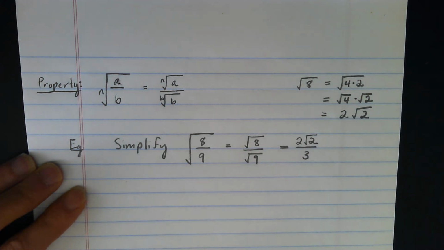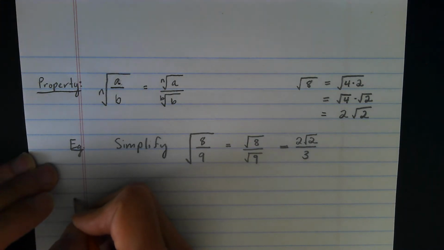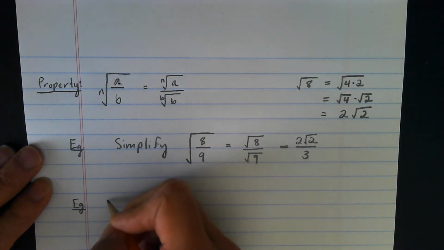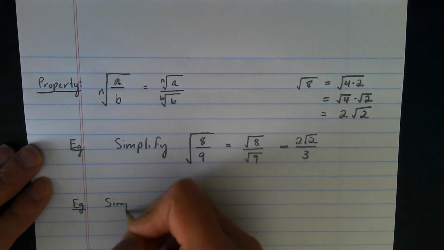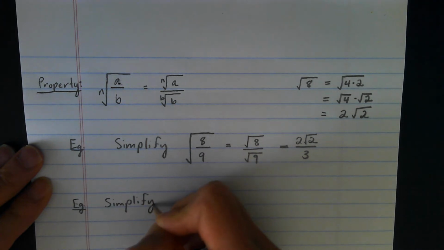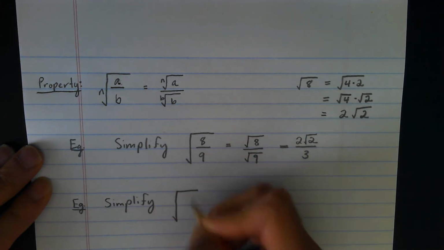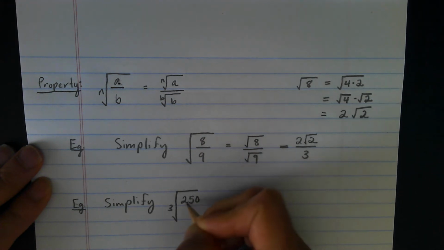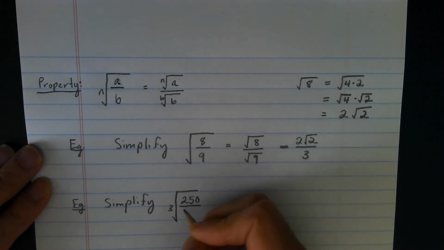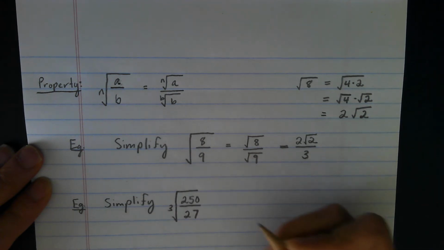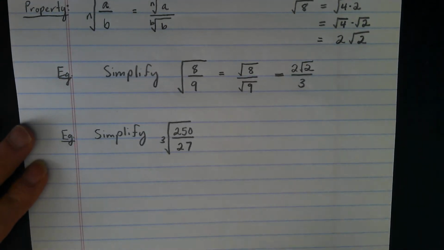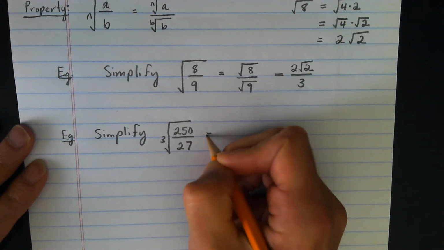Let's do an example with a cube root. Let's simplify the cube root of 250 divided by 27. Again, all we need to do here is just break it into two separate radicals.